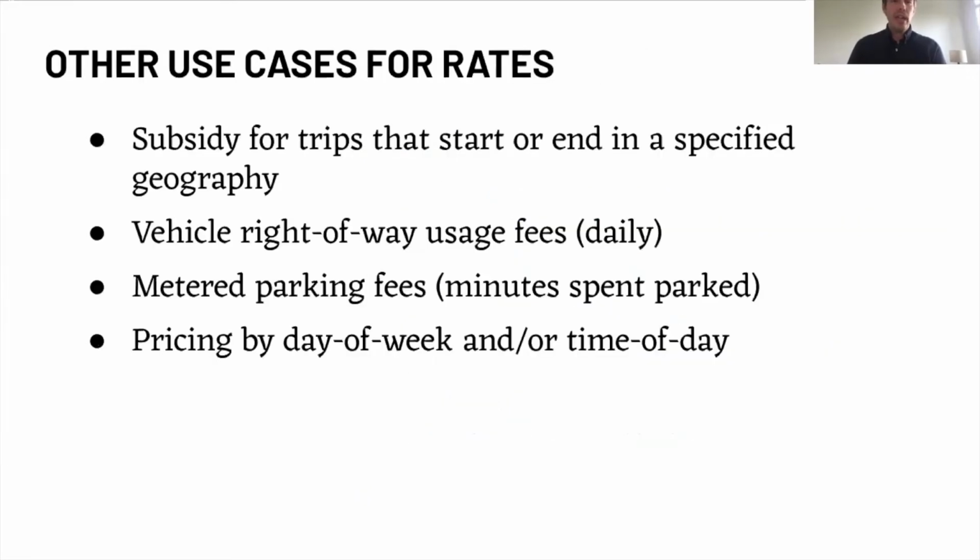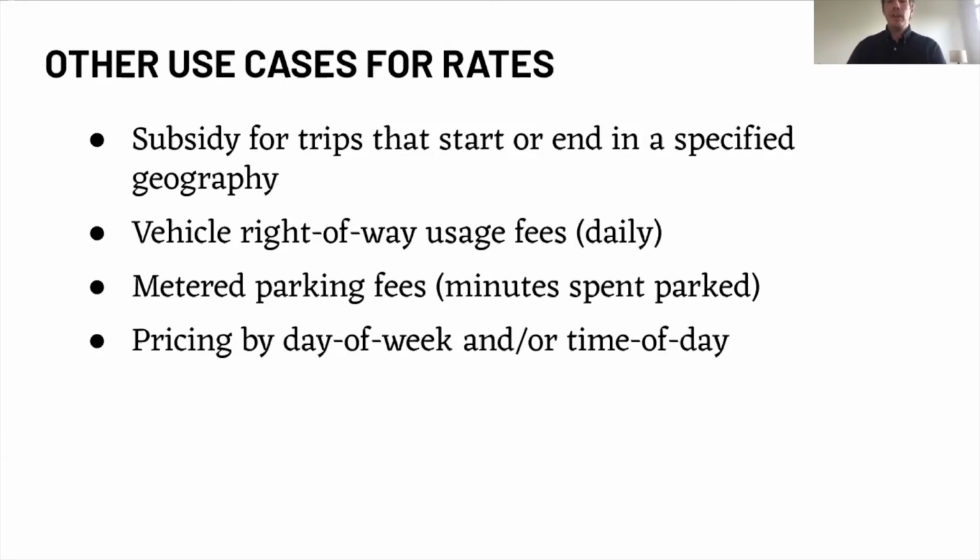Other use cases for rates, it's really expressive, and you can express things like subsidies for trips that start or end in a specific geography. So you saw back on the previous slide, there was the number 25, that's 25 cents. For example, if you wanted to have a $1 subsidy for a trip that ended in a specific geo, you could specify -100, which would be -100 cents, which would represent that as a subsidy.